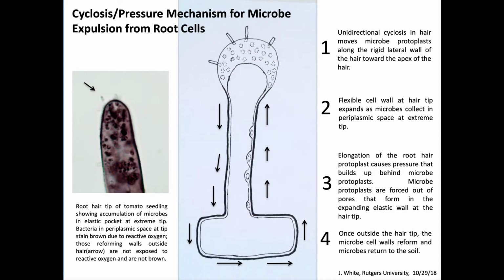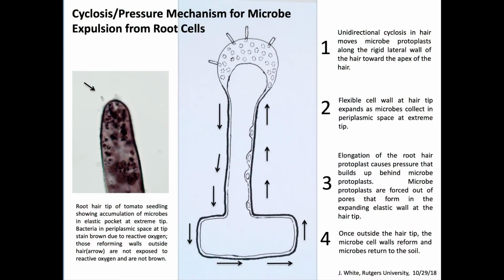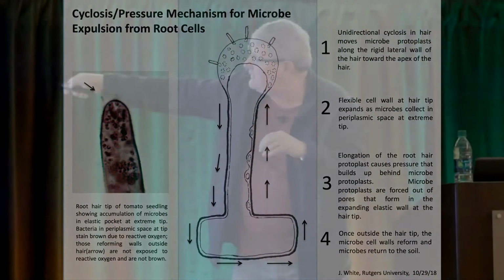Then as this root hair protoplast elongates more, it puts pressure on them, and they squirt out little pores that form there as protoplasts. Then they reform their walls. I have some images that we'll look at.